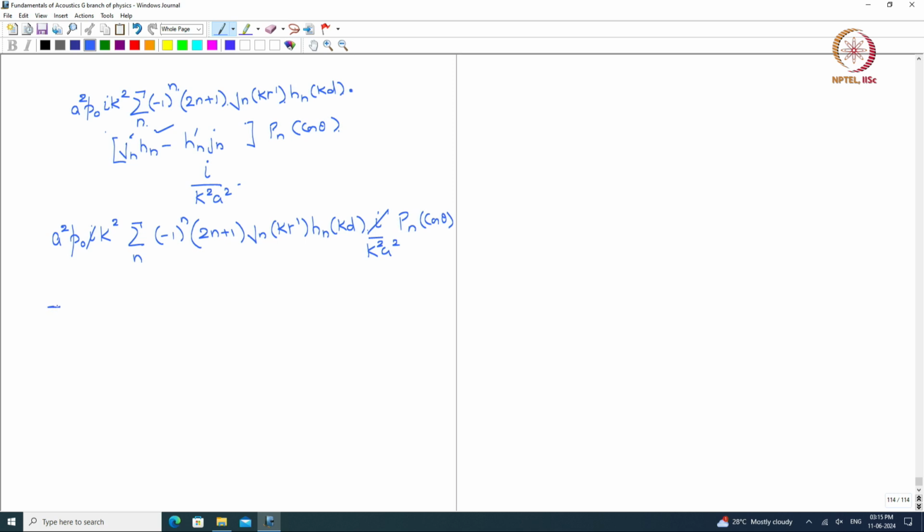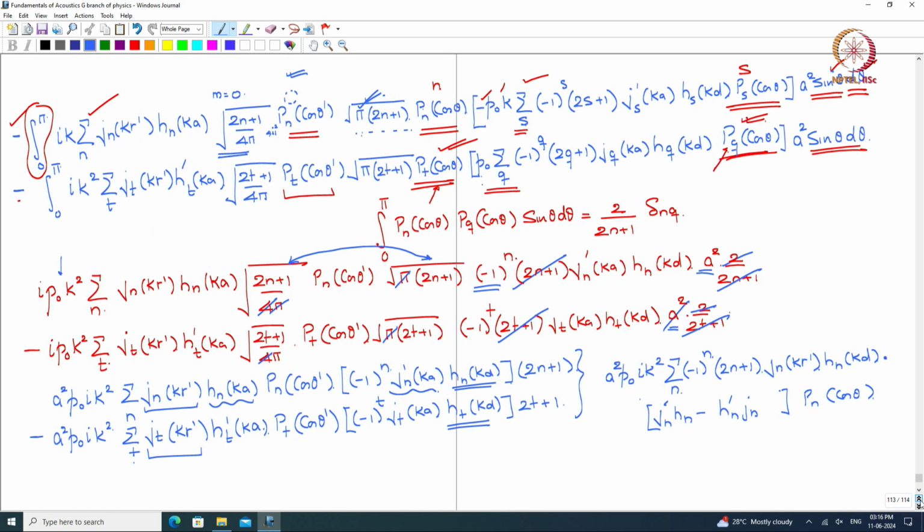So I have a minus, this k square a square goes with k square a square, minus p0 summation over n, minus 1 to the power n, 2n plus 1, jn of kr dash, hn of kd, Pn of cos theta dash.